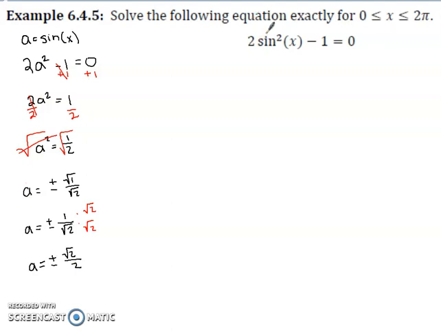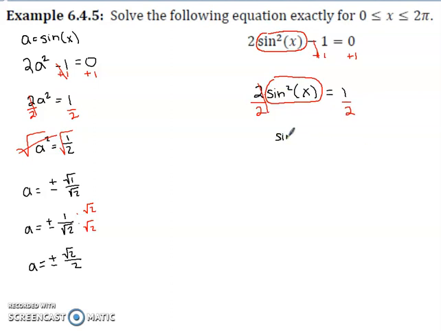So I'm going to start by isolating my a squared, in this case it is sine squared, and I'll do that by first adding 1 to both sides. When I do that, I've got 2 times sine squared of x is equal to positive 1. Now again, I want to isolate my sine squared, which is being multiplied by 2, so I will divide by 2 on both sides. And I've got sine squared of x is equal to 1/2.